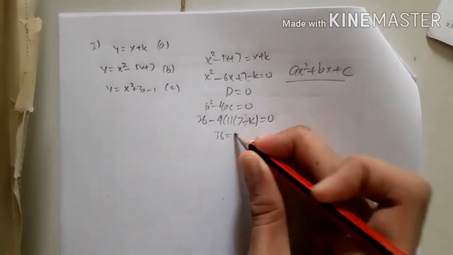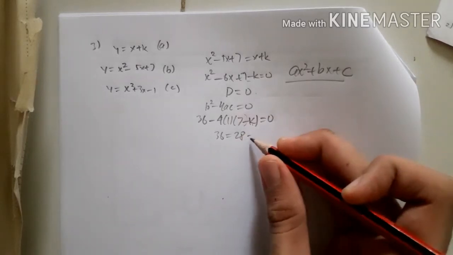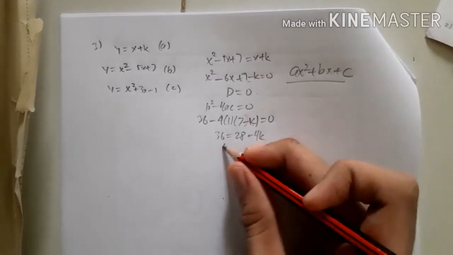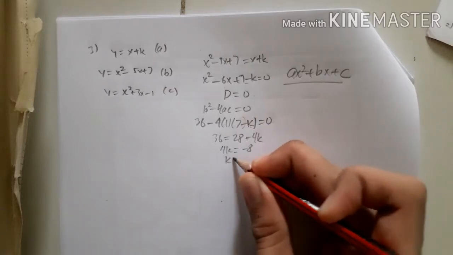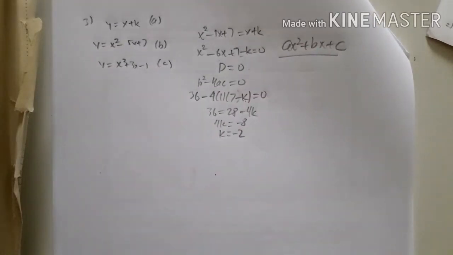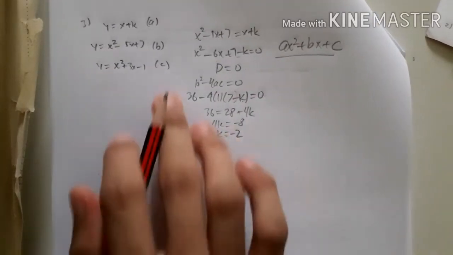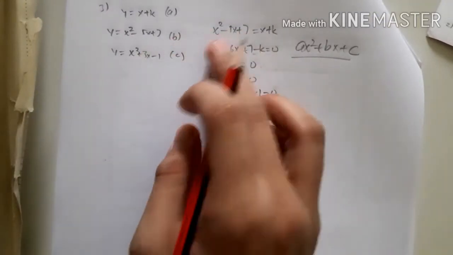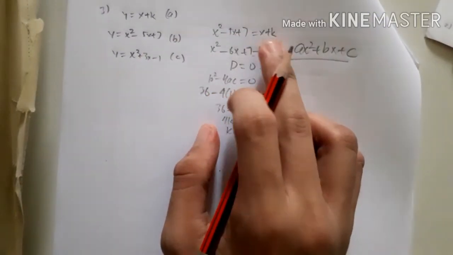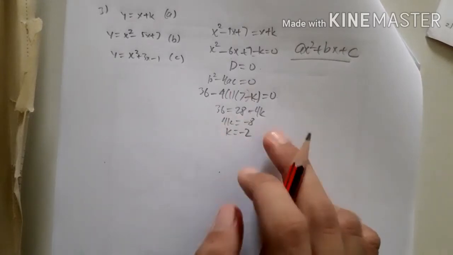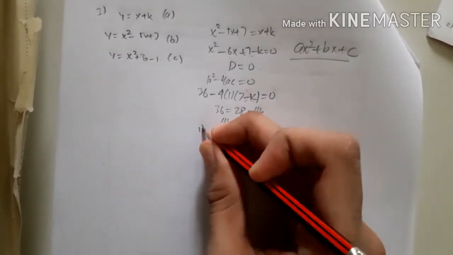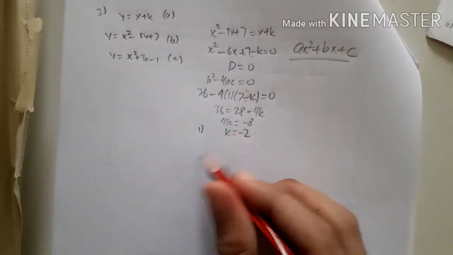So 36 equals 28 minus 4k, so 4k is minus 8. So k is minus 2. Okay, so the answer is minus 2. You could actually also try x squared plus 3x minus 1 equals x plus k, and it results in the same k. So for number 1, the constant k is minus 2.